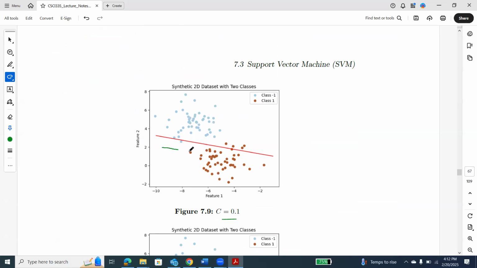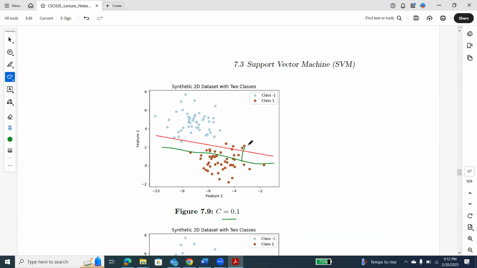Let's say we had a support line here, but because xi can be large, we can allow the misclassification. So for small values of this constant, our algorithm can allow misclassifications.